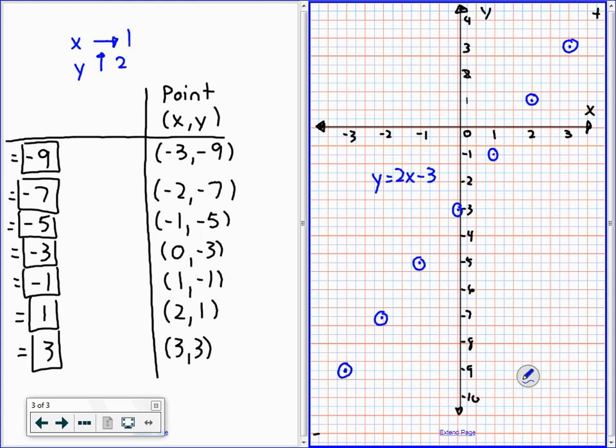Kara, I need to do two more things before I'm done my graph. What are they, please? Arrows and connect the dots. Well, arrows on the line, right?